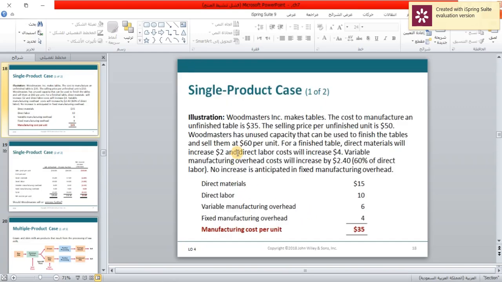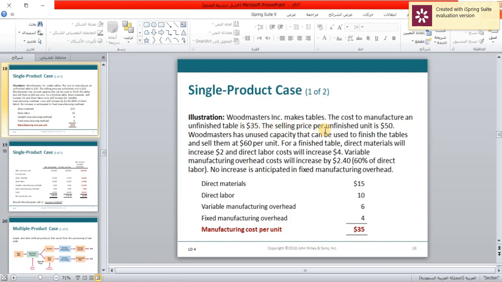Here is this exercise. Woodmasters Incorporated makes tables. The cost of manufacturing an unfinished table is $35.